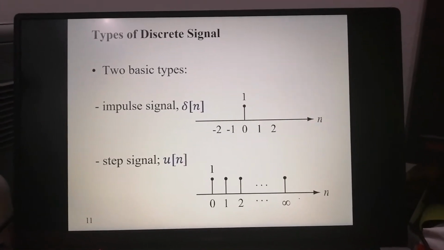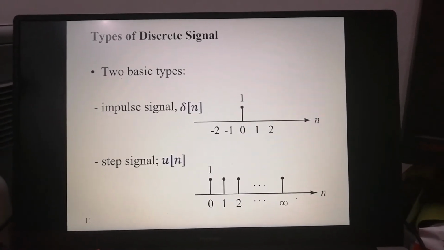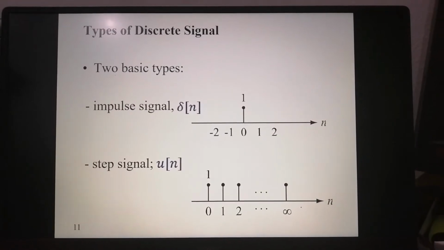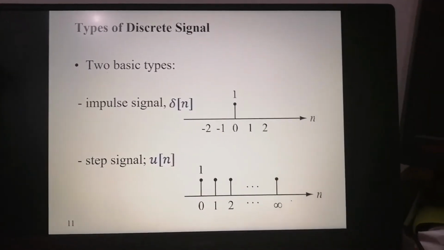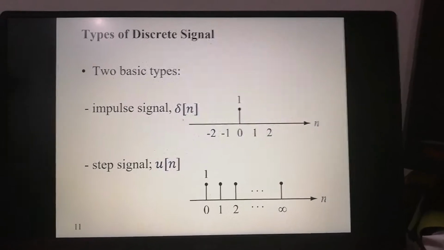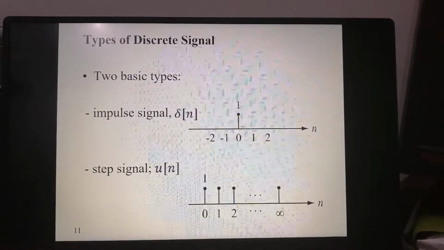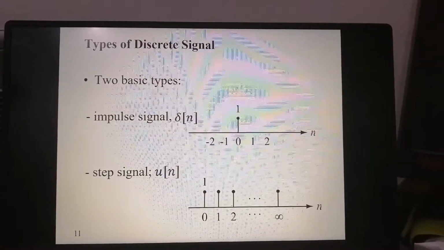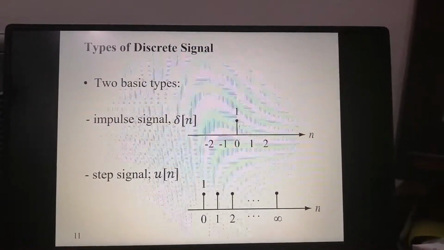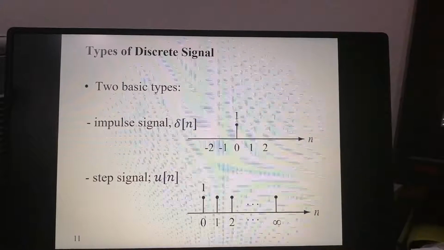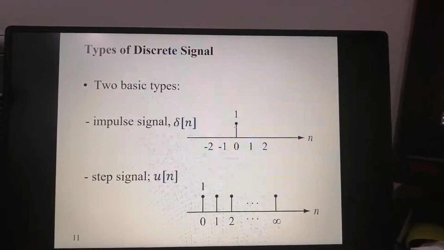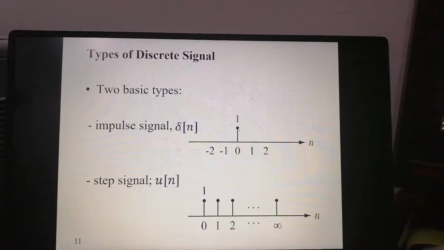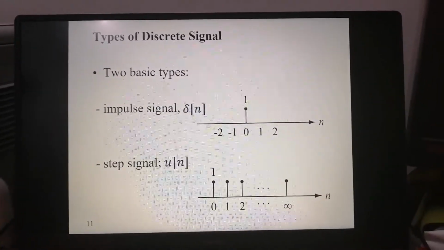Now, types of discrete signal. There are two basic types of discrete signal yang you kena ingat dan tahu, because these are the signals that we use selalunya as input. So dekat sini, impulse signal is represented by delta n, and it's just one value saja pada n equals to 0, dan value dia adalah 1 saja. So one pulse at n equals to 0, and value x[n] dia adalah 1.